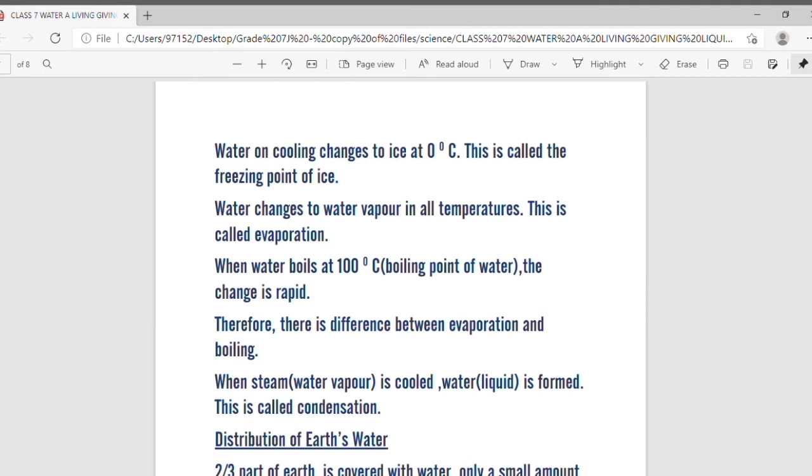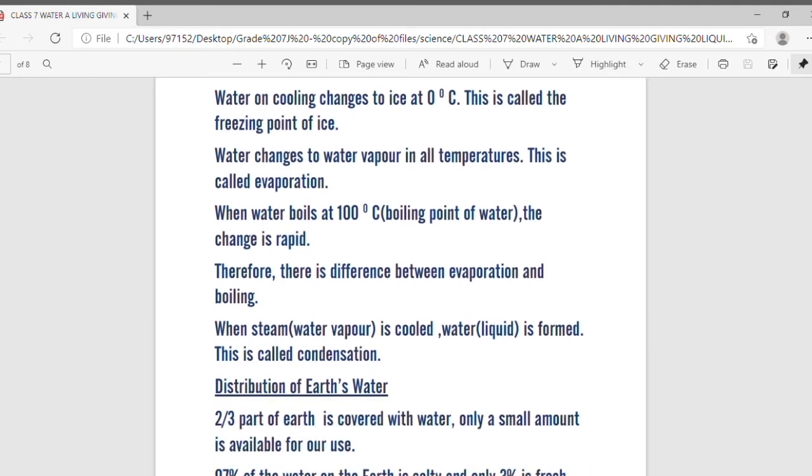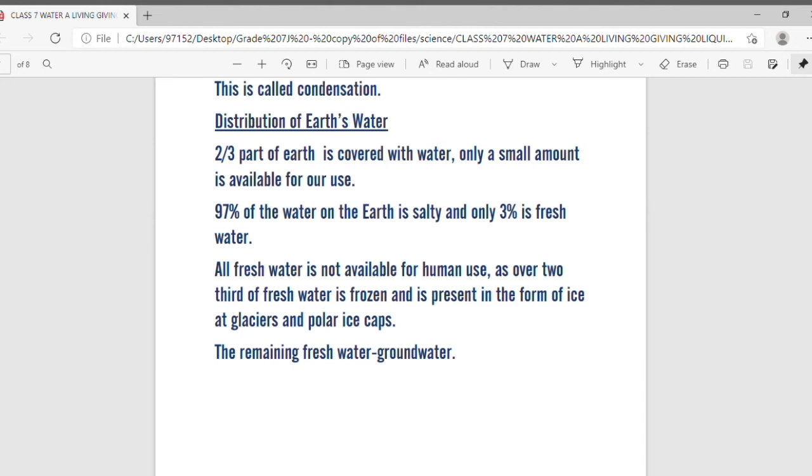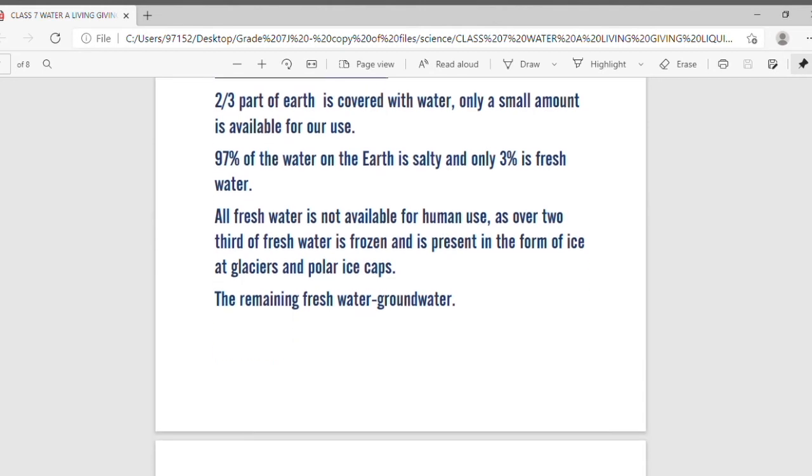So children, evaporation, condensation and boiling. We learned it. Okay. Now next topic, distribution of Earth's water. How water is distributed on Earth's surface. 2/3 part of Earth is covered with water. Only a small amount is available for our use. 97% of water on Earth is salty. It is not in a drinkable condition.